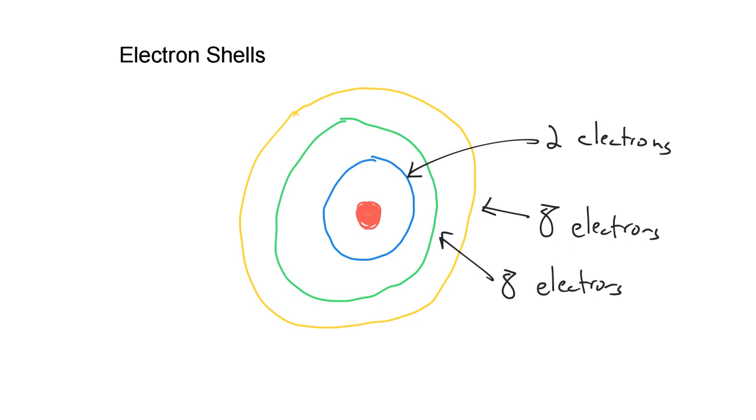The transition metals make this a little bit more messy, but this is a really simple way to think about it. It's just 2 for the innermost shell and then 8 more for each additional shell. All right, and another word for a shell is an orbital. And this right here is the nucleus.